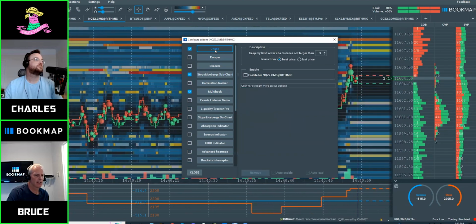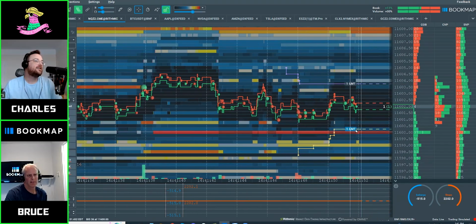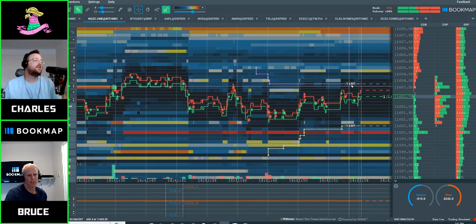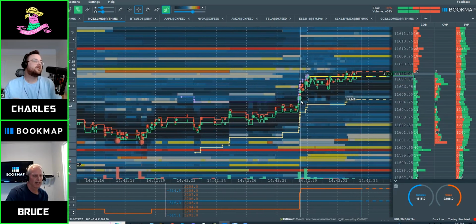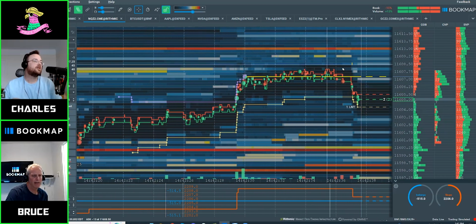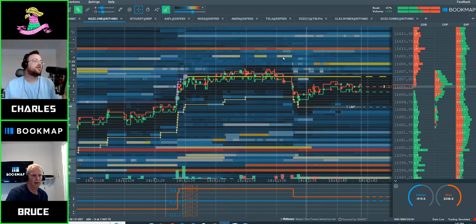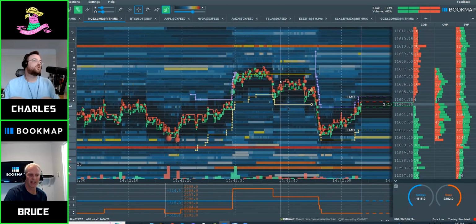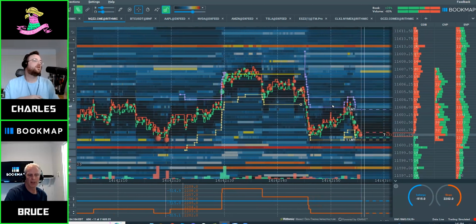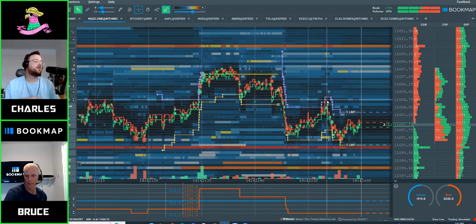It's called Chase and Escape, and we'll use this together here. We've got one limit buy and one limit sell, and you can see how it's mimicking the behavior of these algos that are pulling and adding here. Very simple answer to your question: yes, you can program the API to trade automatically in Bookmap.